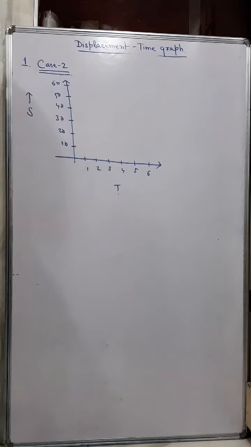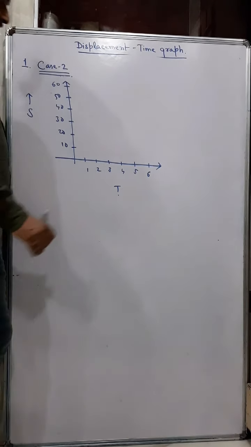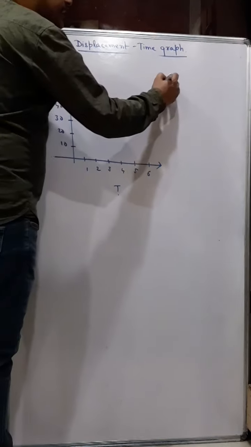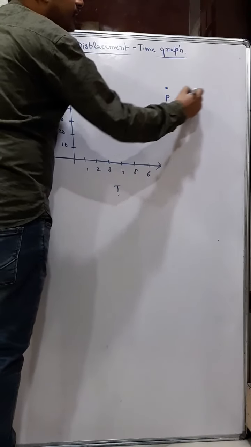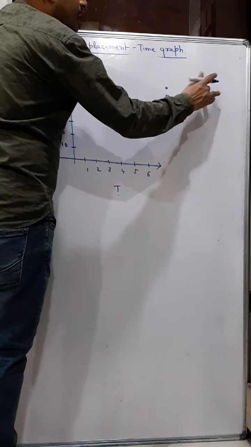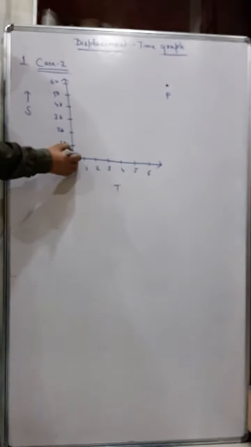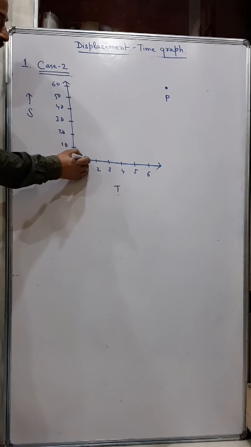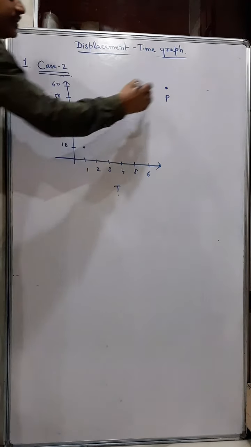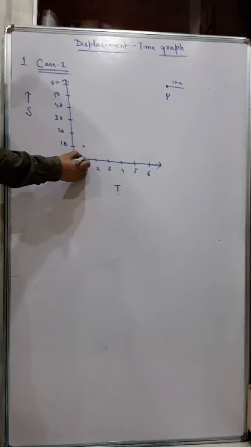Now again, see, this is a point P and the boy is standing here at point P. After 1 second, the boy is at a distance of 10 meters from the initial position.